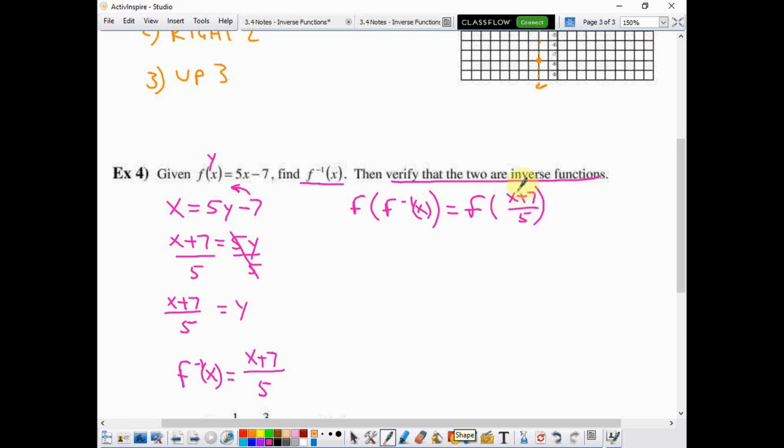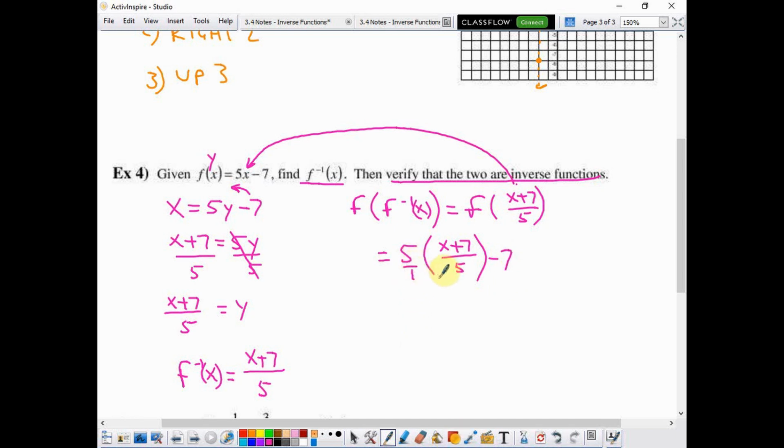And what that really means is I'm taking that x plus 7 over 5, and I'm going to plug it in right there for x, and then simplify it. So 5 times, and then the x becomes the inverse, x plus 7 over 5. And then I still have a minus 7.